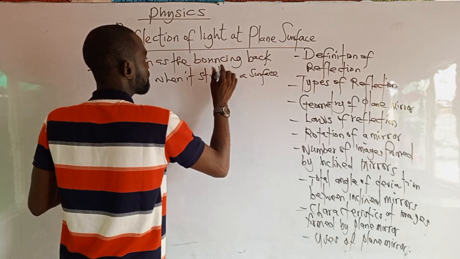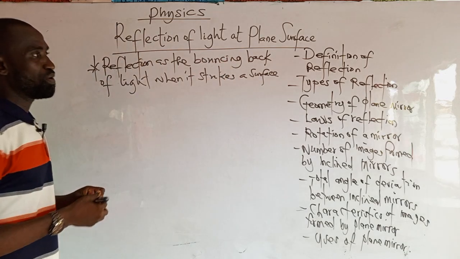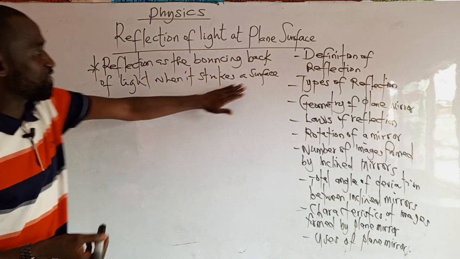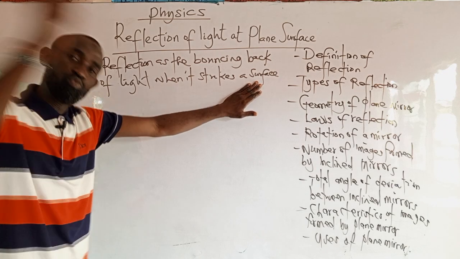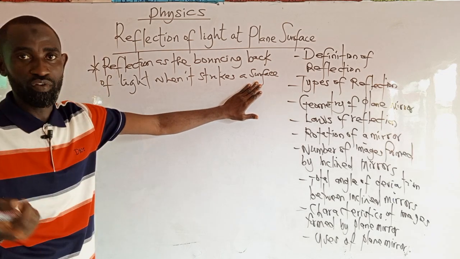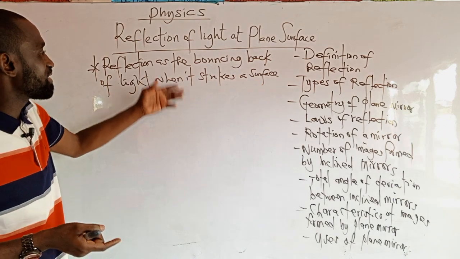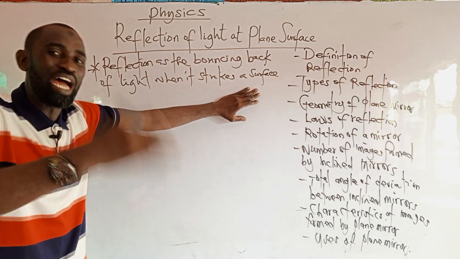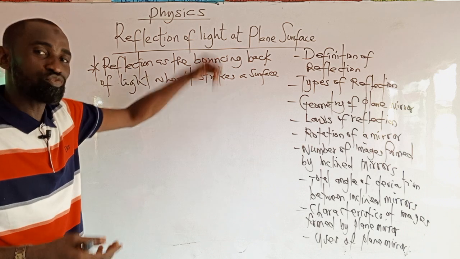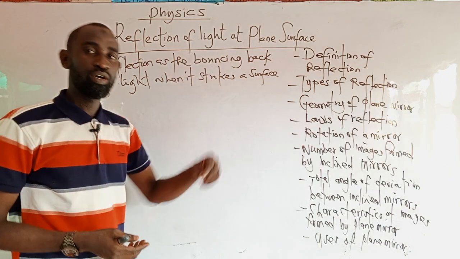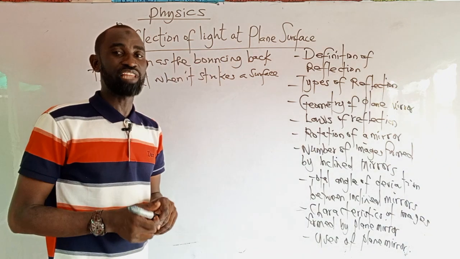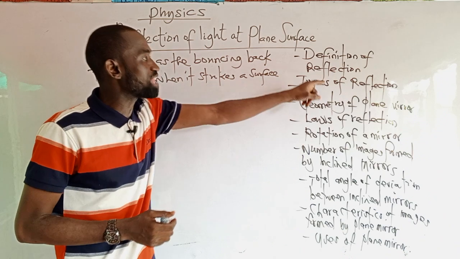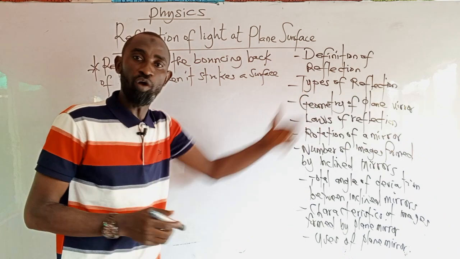That's what we call reflection. This surface can either be smooth or rough. Are you with me now? When light strikes a smooth surface, we call it regular reflection. And when it strikes a rough surface, we call it diffused reflection. So this now takes us to what we call types of reflection.